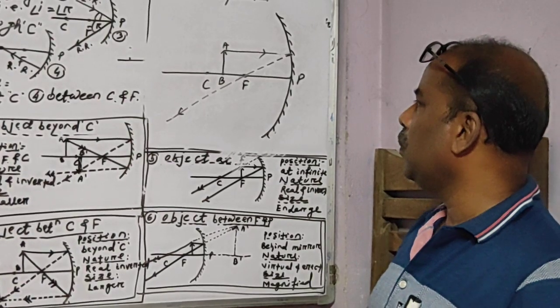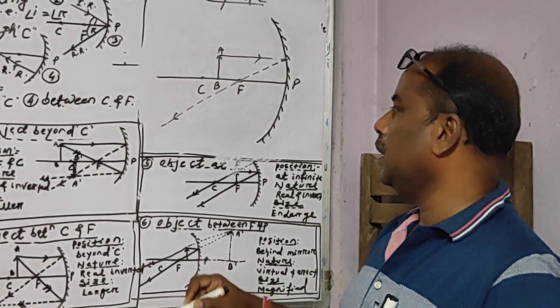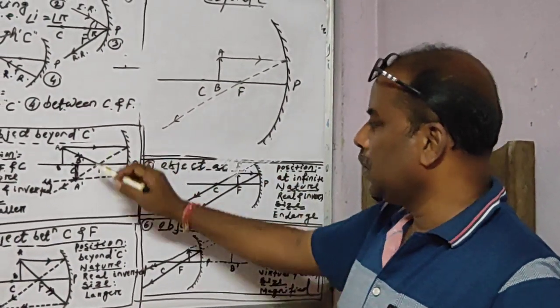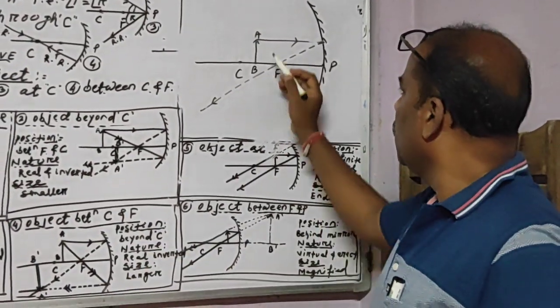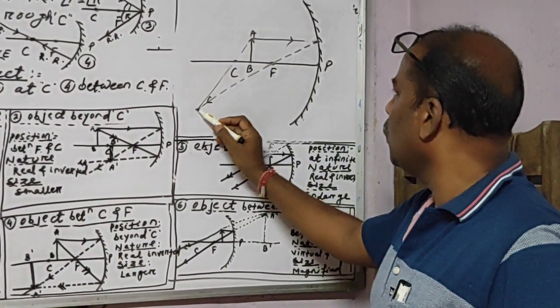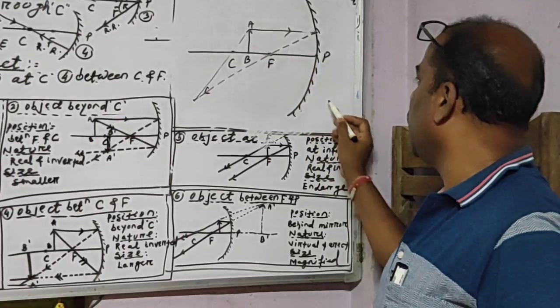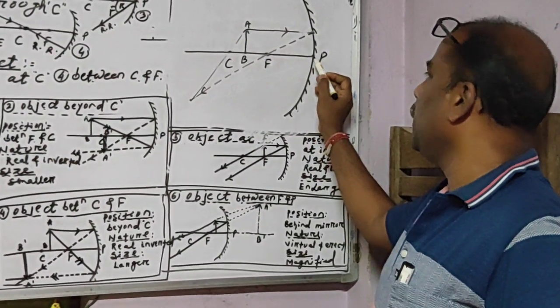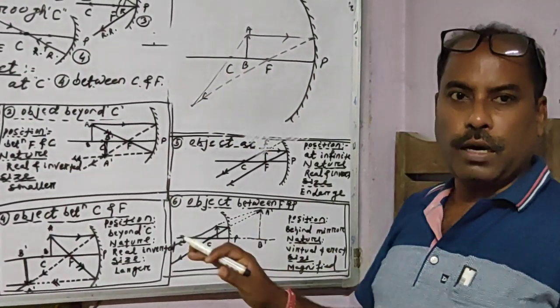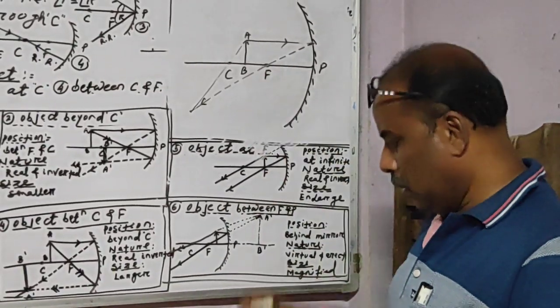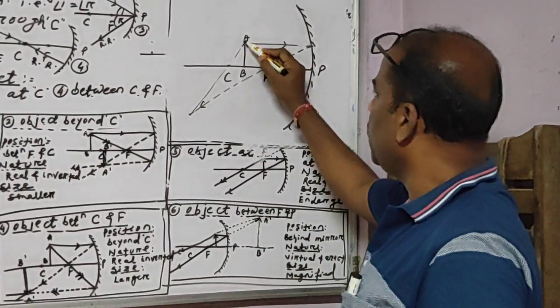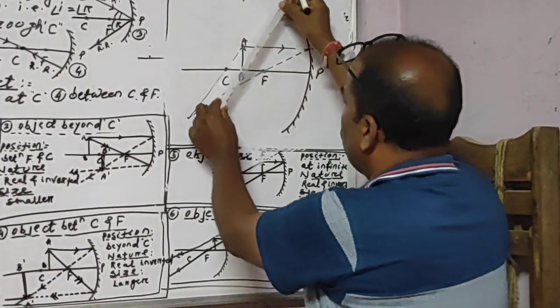The second one you can do according to your choice. That is, if you come between C and F, then you can go through the C, or you can go through the F, or you can go through the P, because all 3 points are there now. So suppose I am showing you, you can take the scale, this point and C point you have to put in the middle.